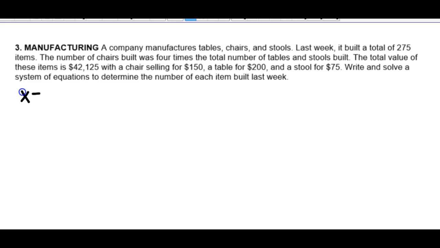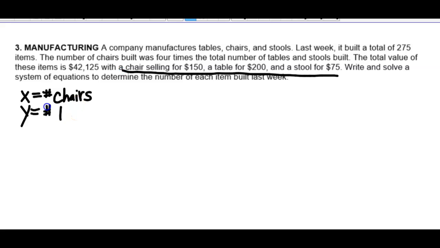So we have X equals number of chairs, Y equals number of tables, and Z equals number of stools.